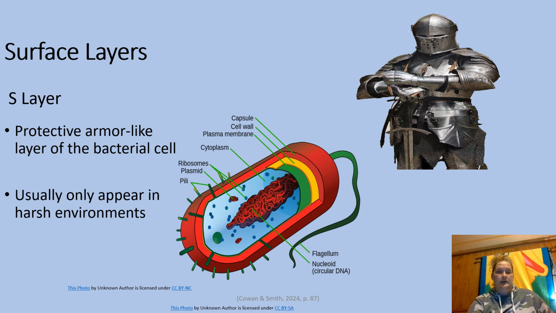I think that's really neat. That's the only time they're seen. But if the cell is in a calm, good environment, it's not going to show up. So it's used for armor or for protection from threat.